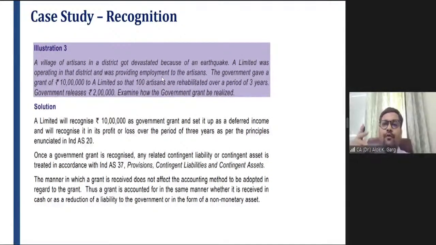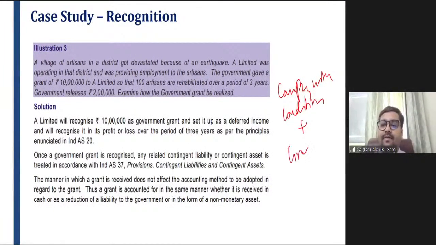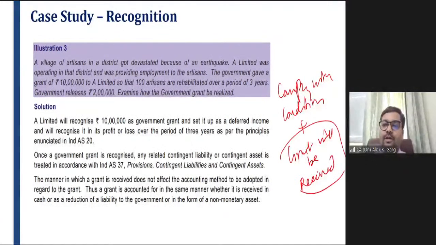Of course, you need to see two conditions. First, the entity will comply with the conditions. And second, the grant will be received. These two conditions should be there.